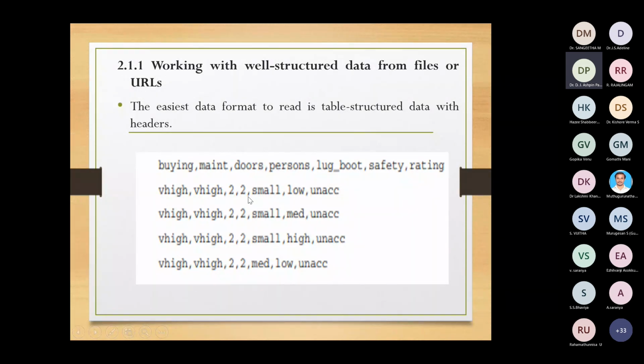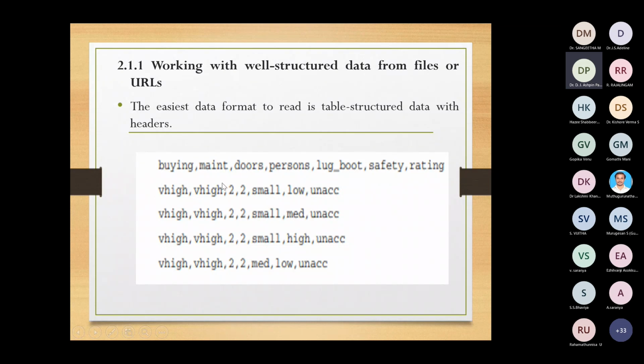Each row below the header row contains actual data values. The first row represents a set of name-value pairs. Take this first row: buying is v-high, maintenance is v-high, doors is 2, and persons is 2. So this is the information about this particular car.